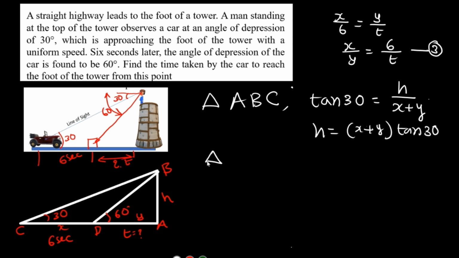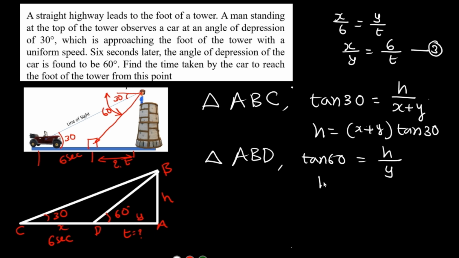Similarly, if you take the other triangle, ABD, and write tan 60, where 60 degrees is the angle here, the opposite side is H, divided by DA. We have taken Y as the distance DA.